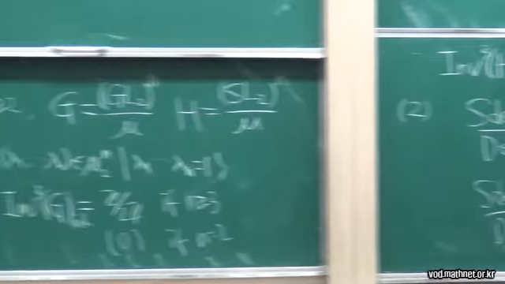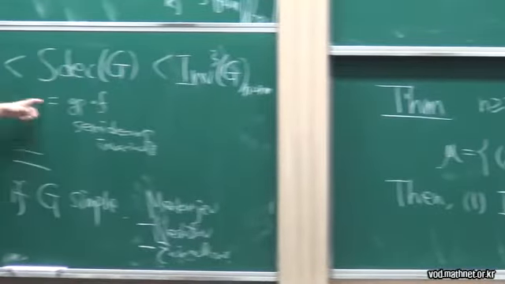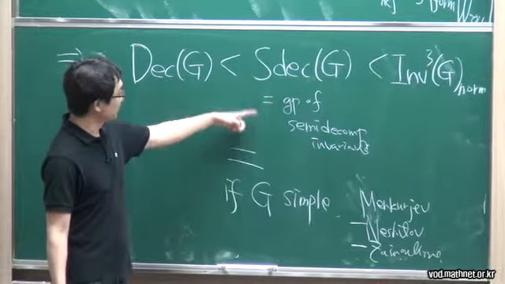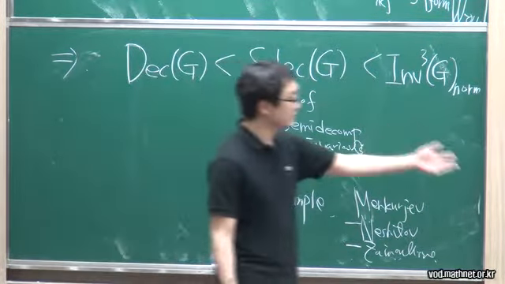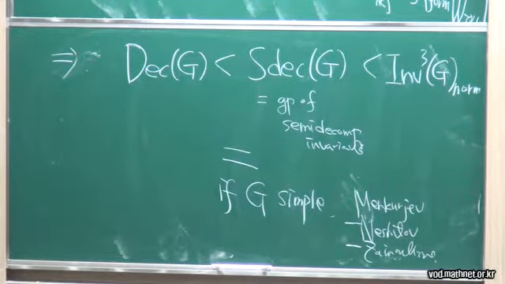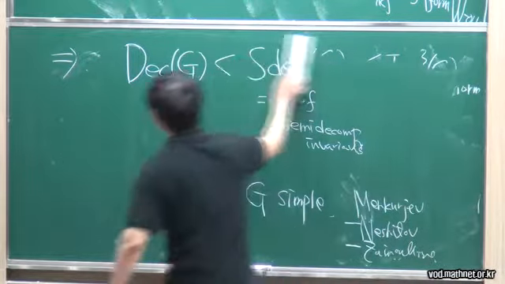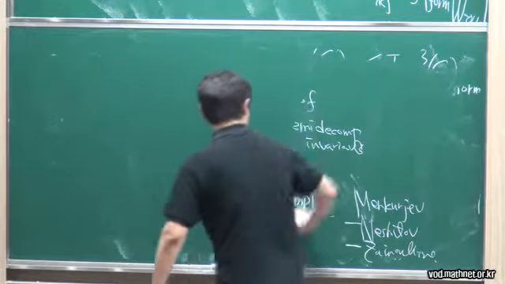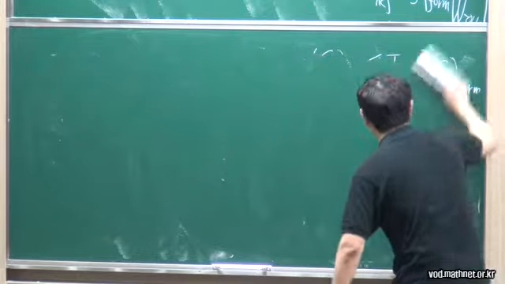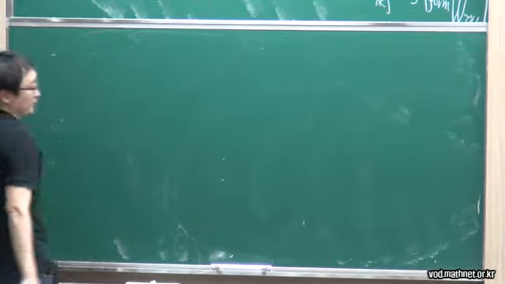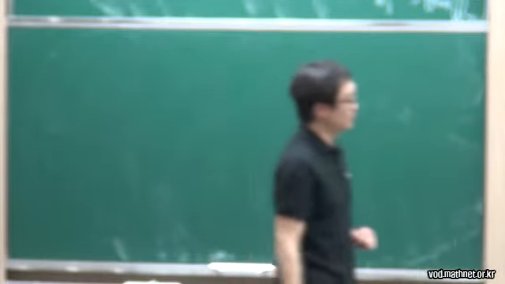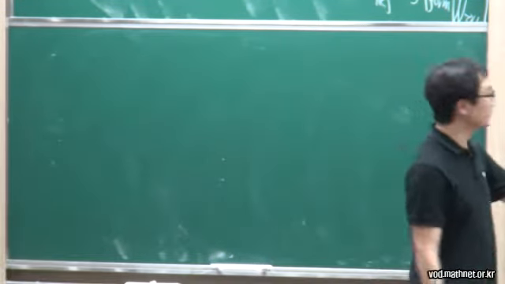So we know semi-decomposable invariants exist only for semi-simple groups, possibly, but not every semi-simple group has a semi-decomposable invariance. And one can also describe such invariance, but I will skip that part.